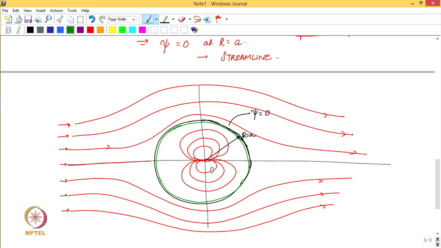So, the effect of the doublet is confined to this region only, right. So, the effect of the doublet is confined, if I could probably try that, it is confined to this region only.